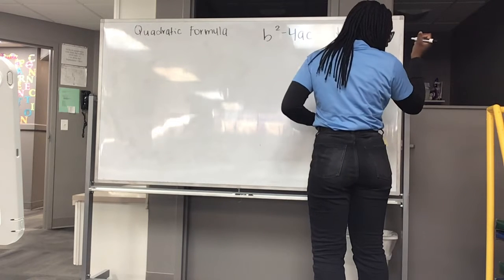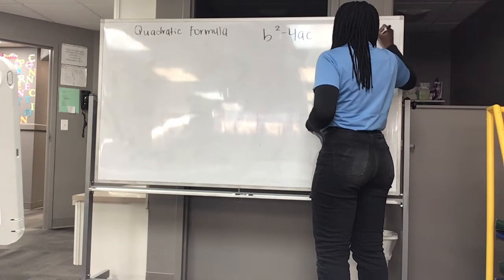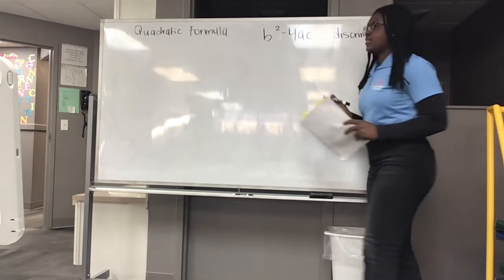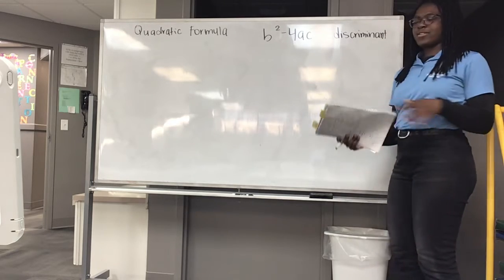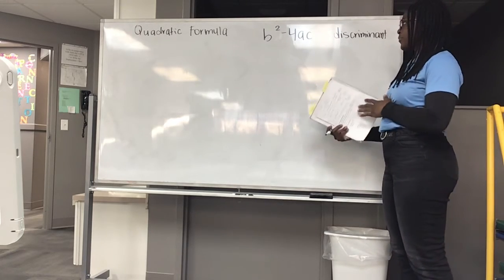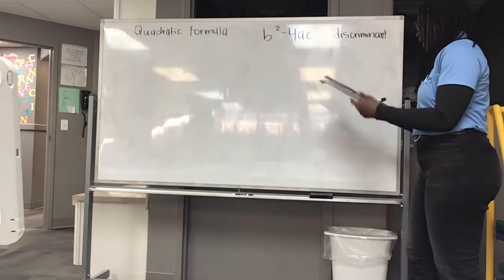I think it's on page 8 in your math packet. That portion of the quadratic formula is called the discriminant, and we use it to find out how many solutions or roots we have to our functions.